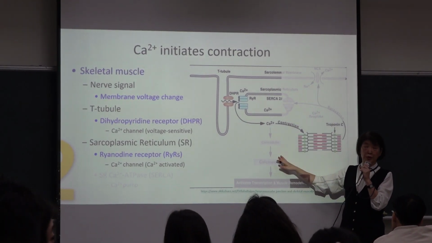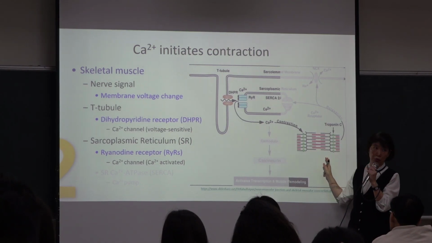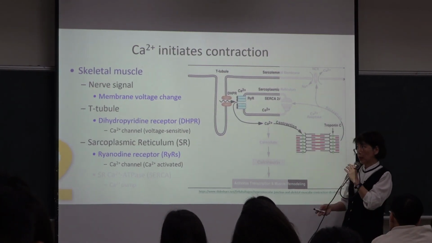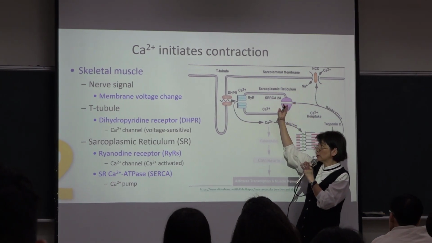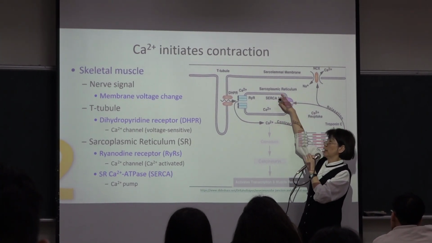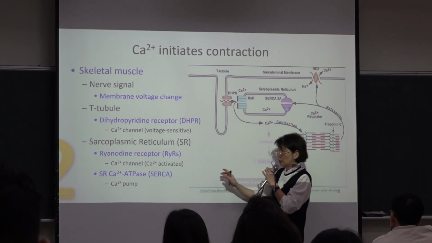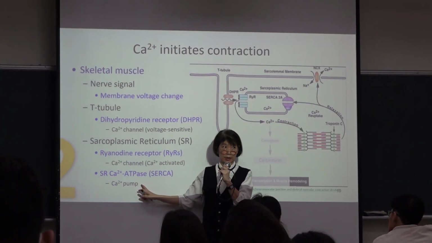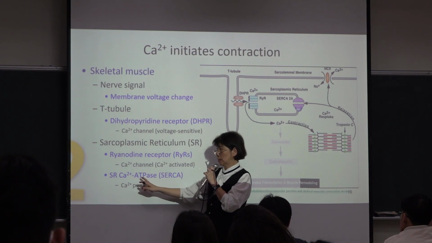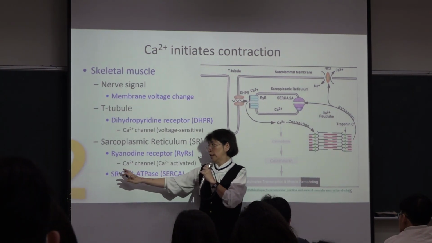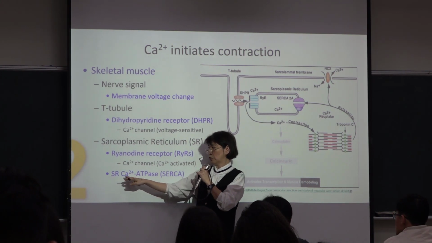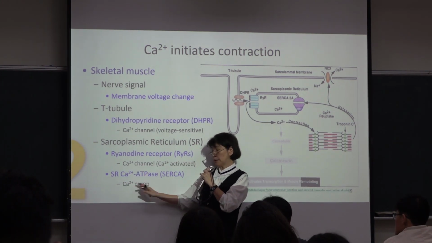There's still some calcium bound to the muscle proteins. So now what happens? There's another protein on the SR membrane. It's called calcium ATPase. Because it is on the SR membrane, it's called SERCA. Okay, it's a calcium pump.